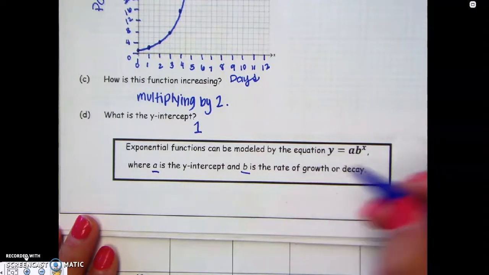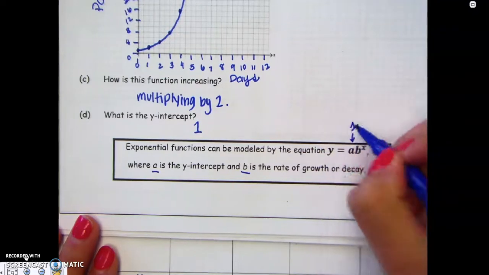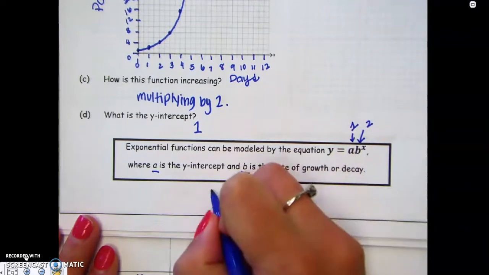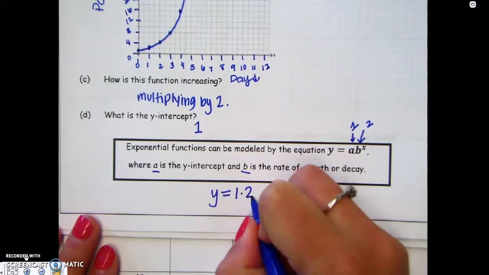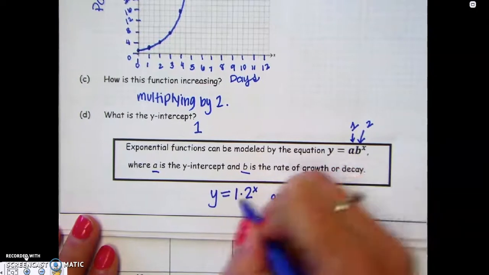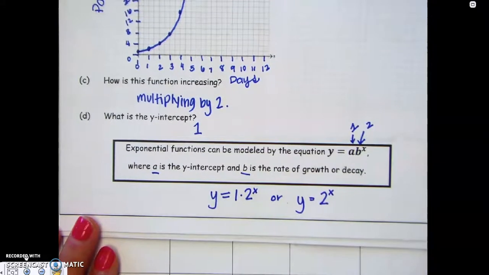My y-intercept here is 1, so I can put 1 in for a. And my rate of growth is multiplying by 2, so I can put 2 where b is. So my equation could be modeled by 1 times 2 to the x. Or we could simplify this, because this is 1, to be 2 to the x power.